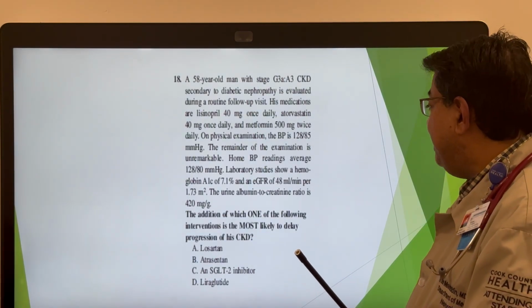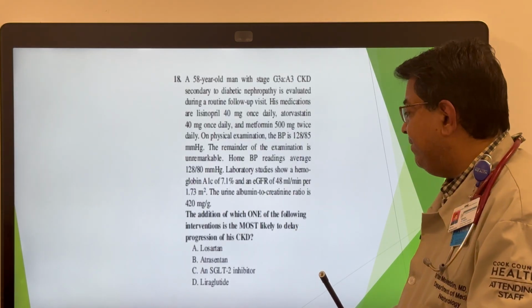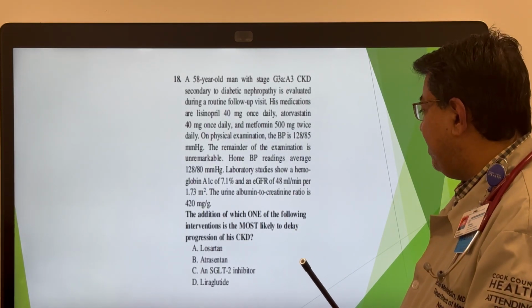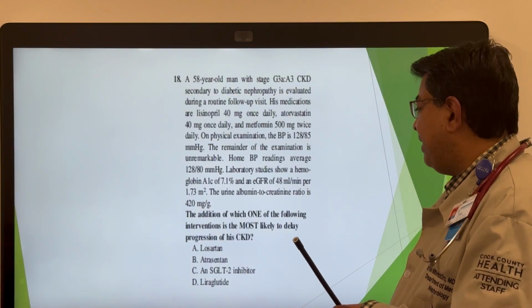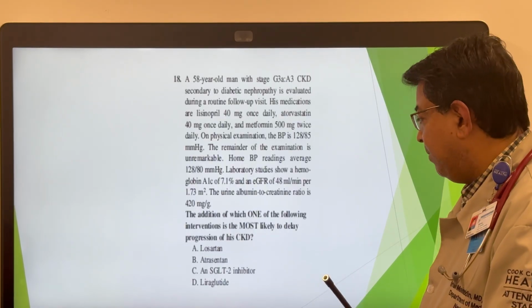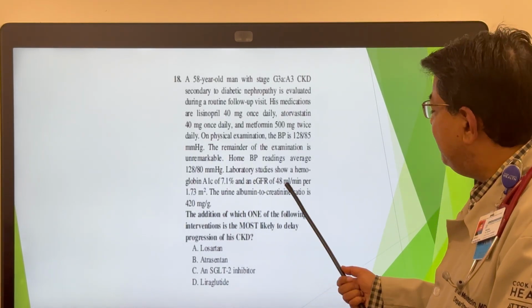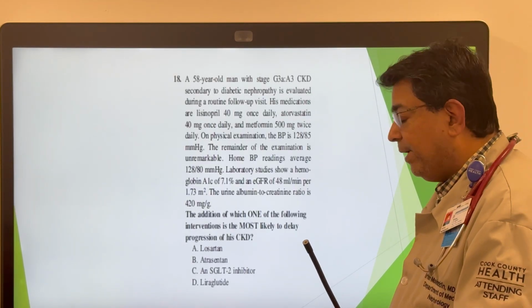Home blood pressure readings average 128/80. Laboratory studies show a hemoglobin A1C of 7.1 and a GFR of 48 milliliters per minute per body surface area. The urine albumin to creatinine ratio is 420 milligram per gram, clearly above goal. The addition of which one of the following interventions is the most likely to delay progression of chronic kidney disease?